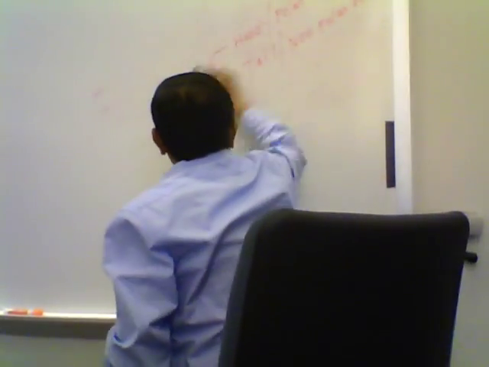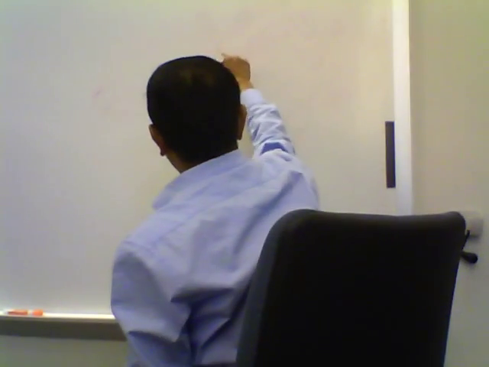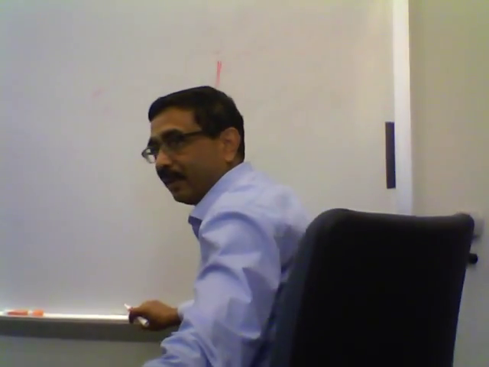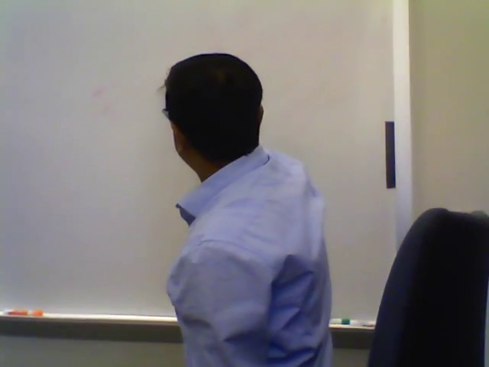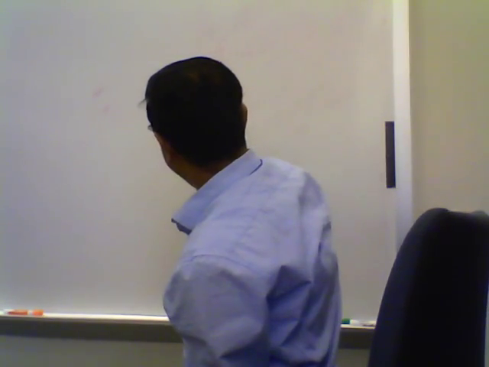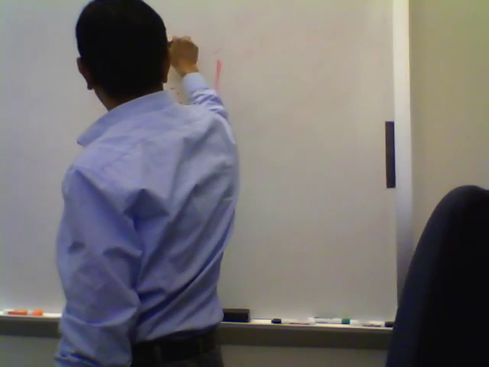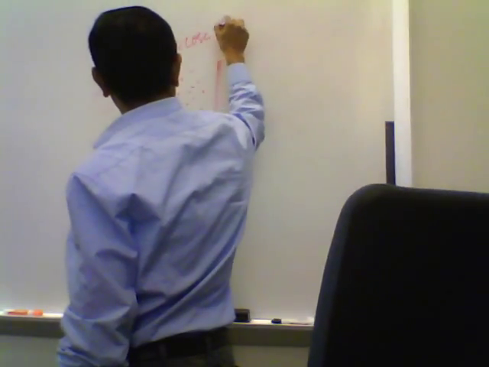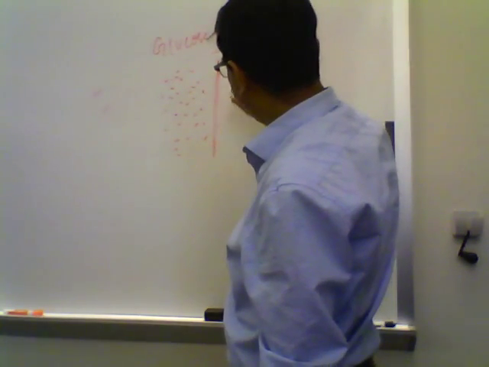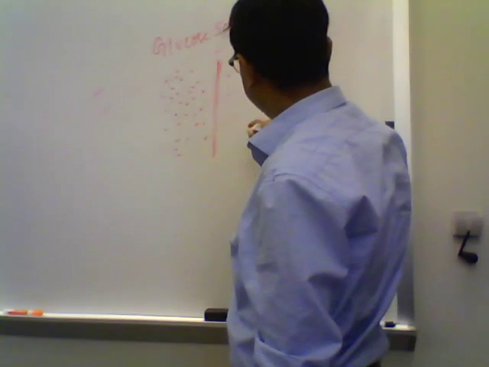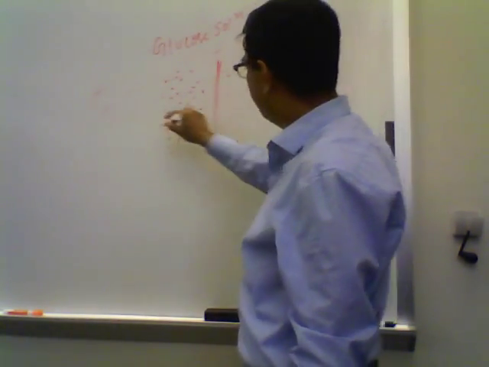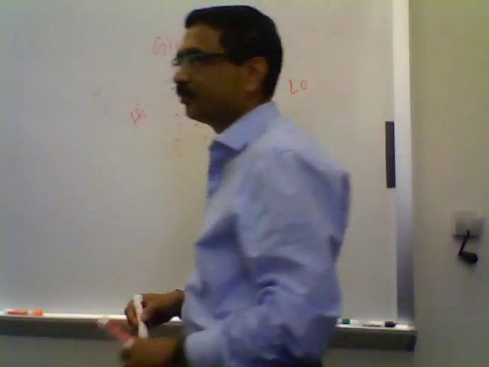So, if this is a membrane, semi-permeable membrane, and you have a highly concentrated glucose solution on this side. So this is glucose solution, okay? And on this side you also have glucose solution but low concentration. Okay? So this is low concentration, this is high concentration.